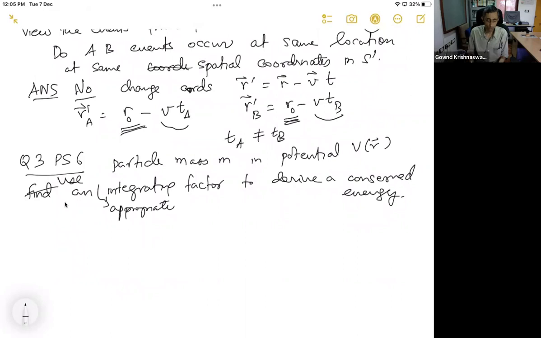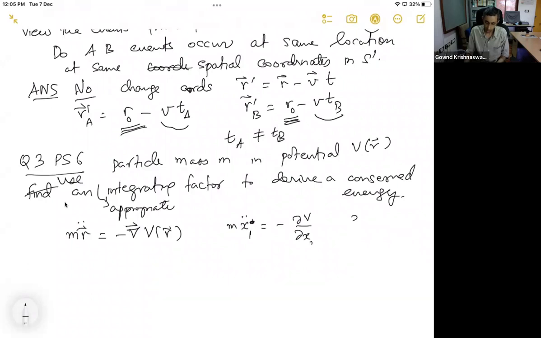So first, let us write the equation of motion. If I write it in vector notation, it will be m r double dot is equal to minus gradient of V. Yeah, this is the vector notation equation of motion. In component form, this would say m x1 double dot is equal to minus dV by dx1.